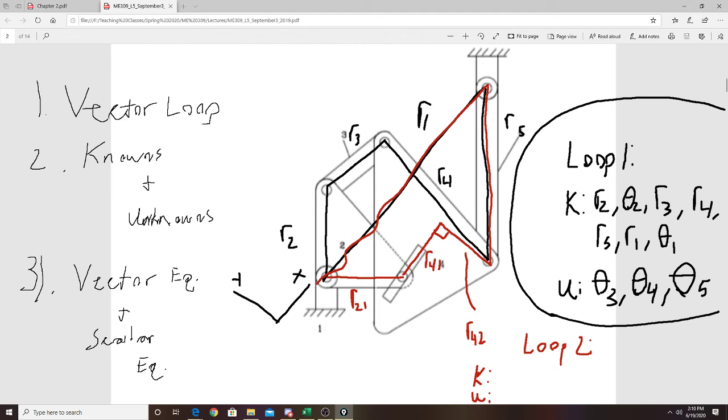Think about this one. Look at the mechanism, not the vector length.